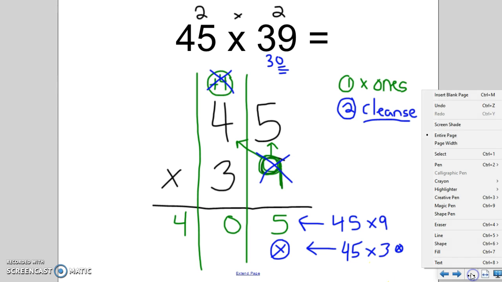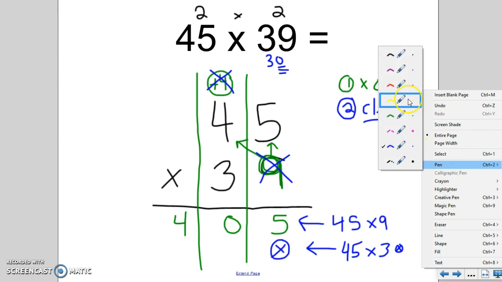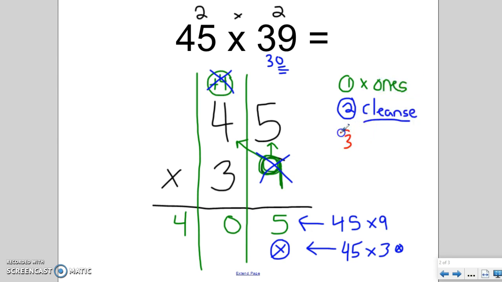So now we're going to move over to that 3. So we'll use red for this. Step 3 is to multiply by the digit in the tens place, which in this case is our 3. Now, we need to make sure this 3 attacks every digit in 45, going all the way back to the beginning.